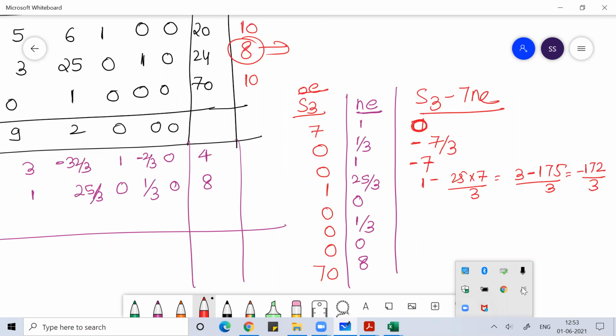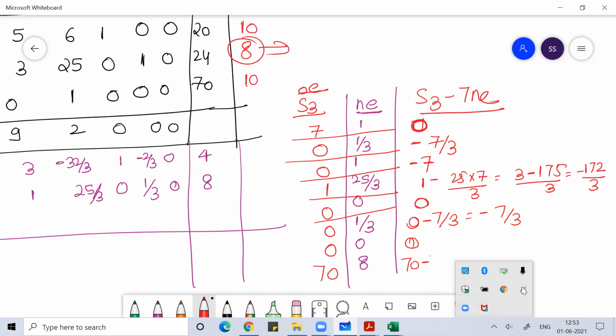Then 0, this is 0, then 0 minus 7 by 3, this is minus 7 by 3, then 0, then 70 minus 7 into 8, 70 minus 56 equal to 14.